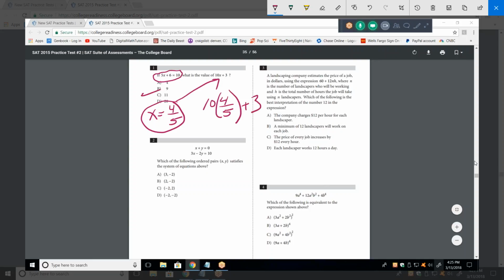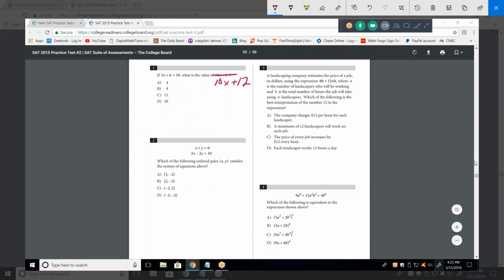So there's your answer. Now, occasionally they will put little tricks. For example, if I were to say, what is 10x plus 12? I don't have to solve for x like I did with this one.